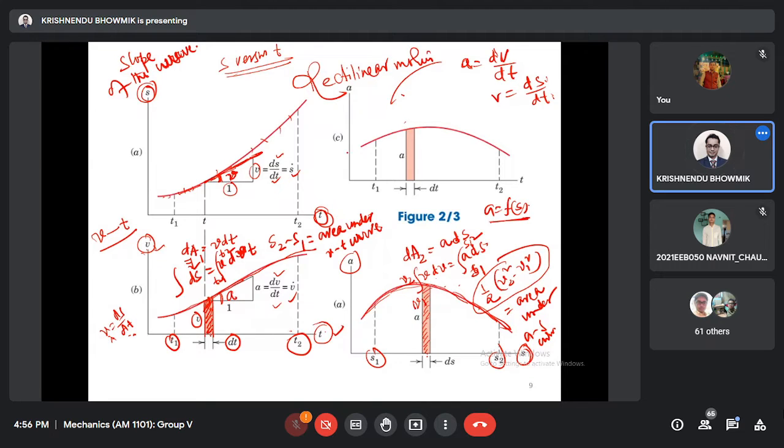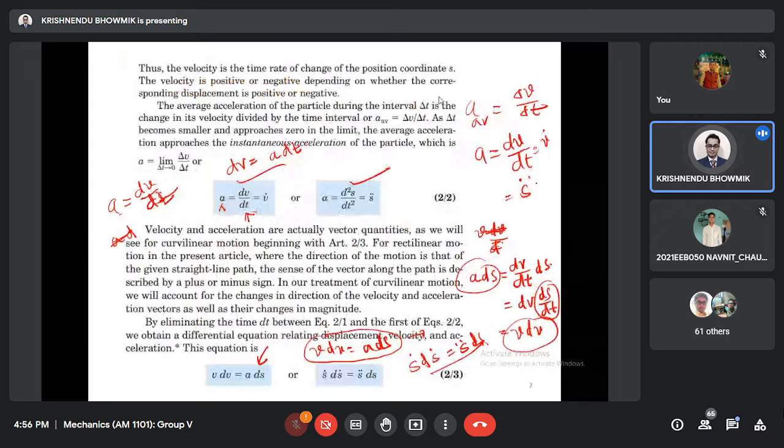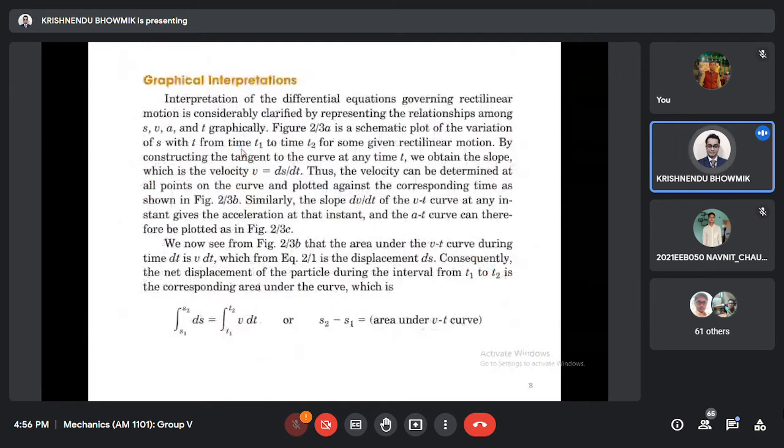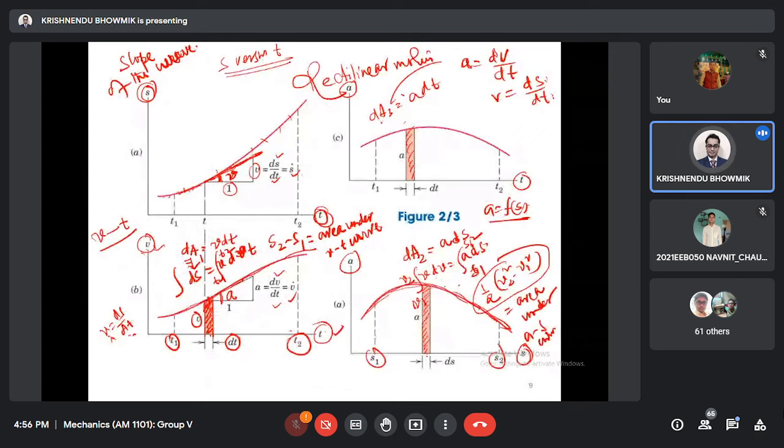Similarly, if I have acceleration versus time, this small element is dA3 equal to A dt. What is A dt? We have shown before that A dt is dV. So this dA3 is nothing but dV.